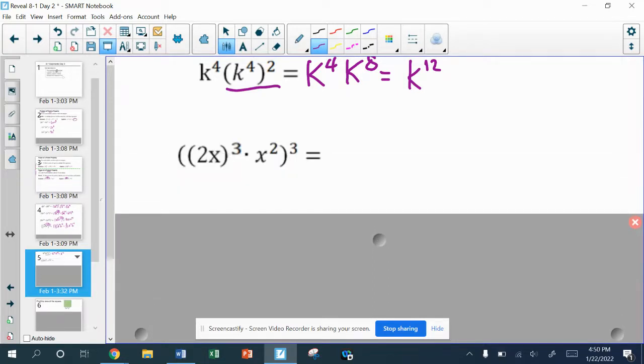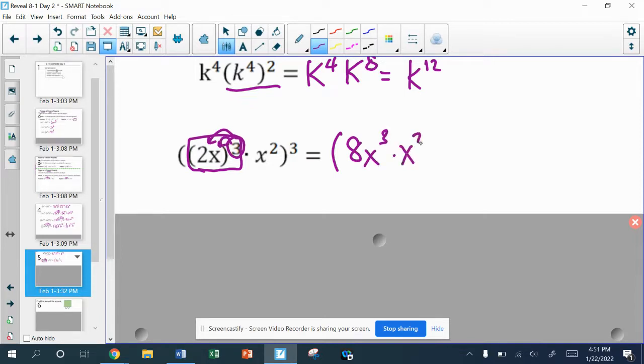This one looks kind of weird because we've got parentheses inside parentheses, and that doesn't happen real often today, but I do want you to see it once. Just simplifying inside again, let's just take care of this part. 2 to the 3rd power is going to be 8, and that's x to the 3rd.